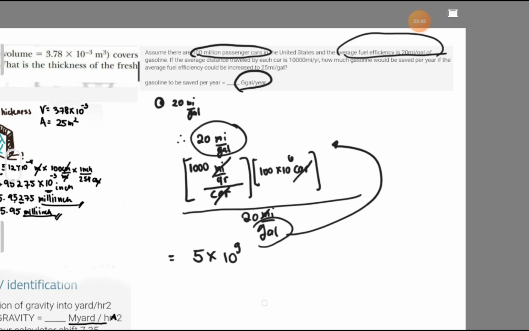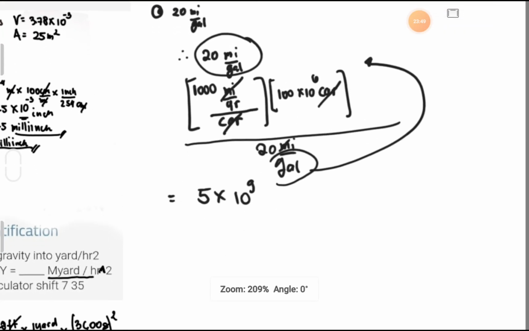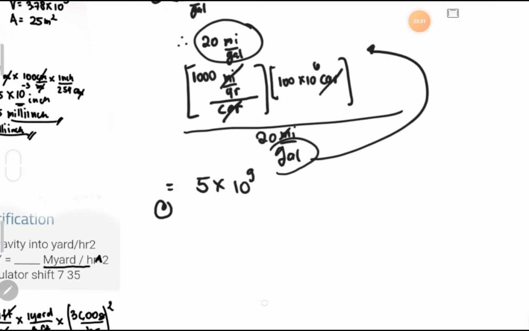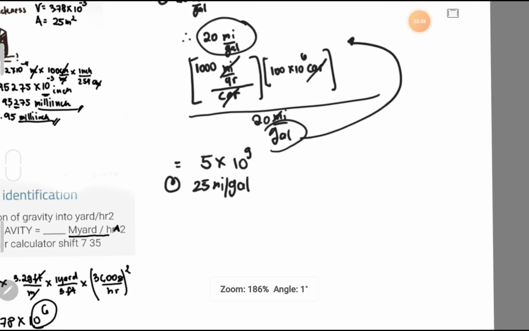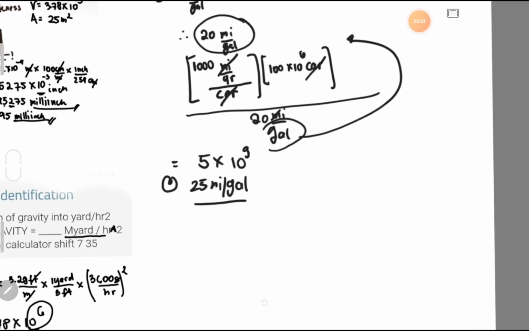Next is your 25. So, at 25 miles per gallon, yung 25 naman yung i-divide natin dito. Okay?